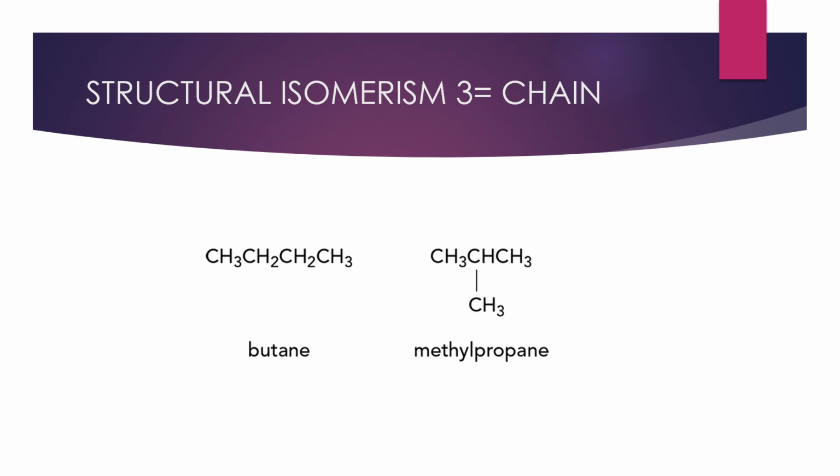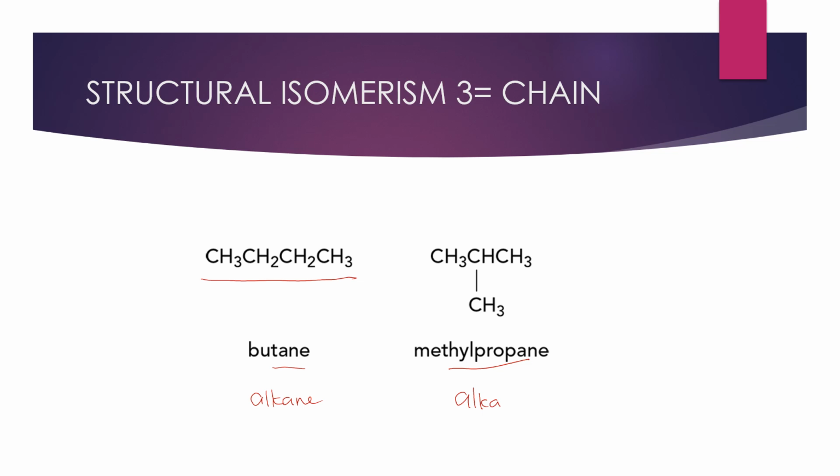The next type of structural isomerism is chain isomerism. Here we have the example CH3CH2CH2CH3. This is the structural formula of butane. The group is alkane. And then methylpropane. The group is also alkane.